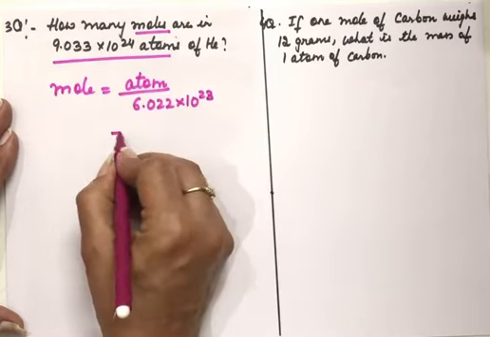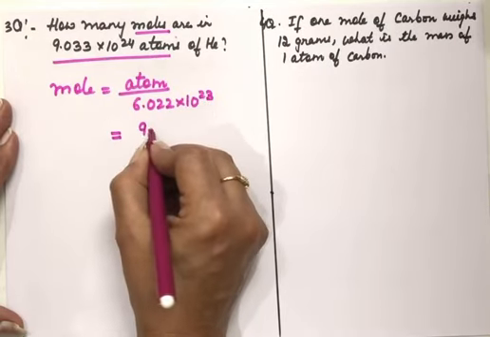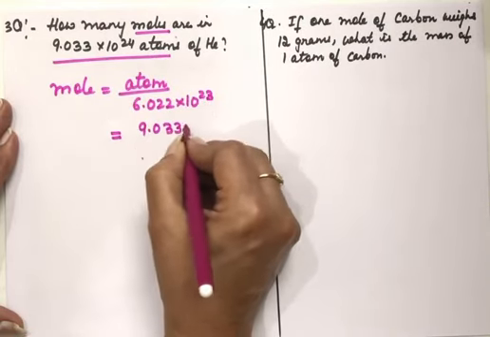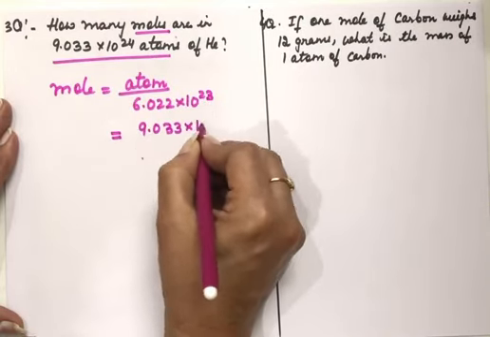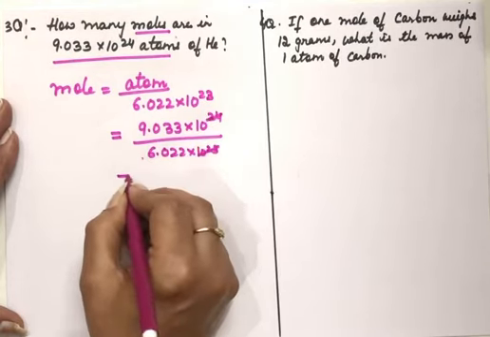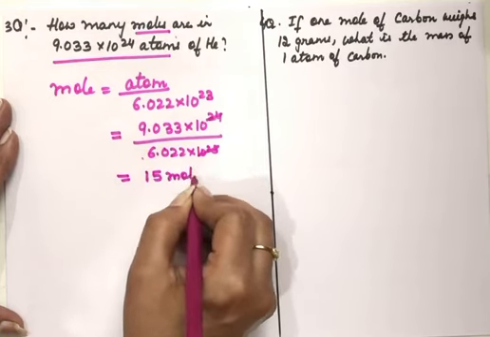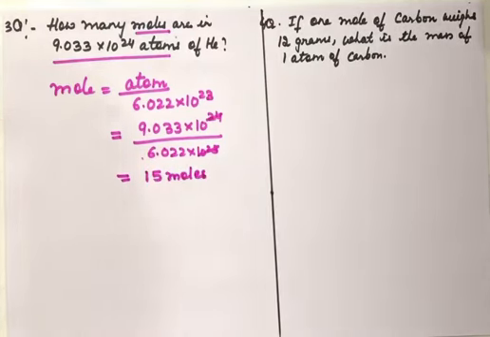Moles we need to find out and atoms are given. It's 9.033 into 10 raised to power 24 upon Avogadro number 6.022 into 10 raised to power 23. So when we solve this, we will get 15 moles. After solving this, 15 moles is our answer.